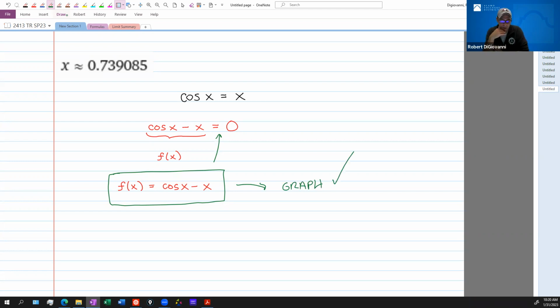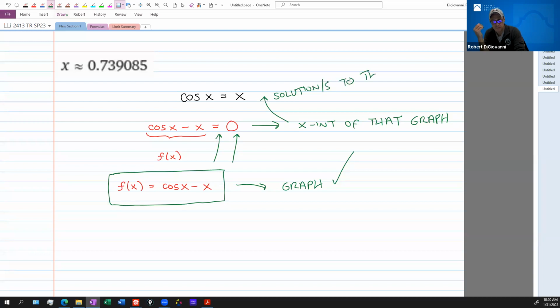And then this step right here is basically asking us for the x-intercepts of that graph. And whatever the x-intercepts are, those are the solution or solutions to this equation. I'm trying to solve this equation here.